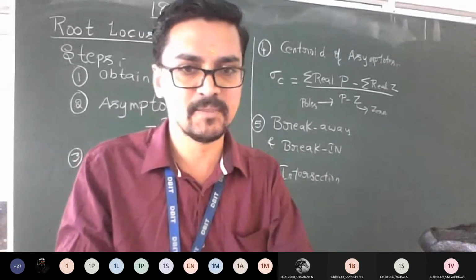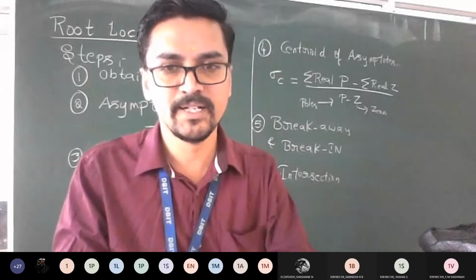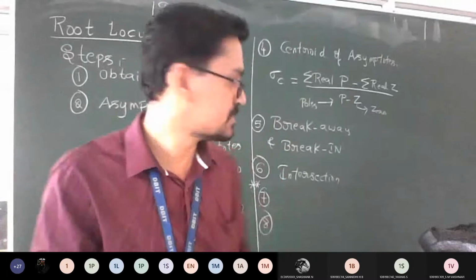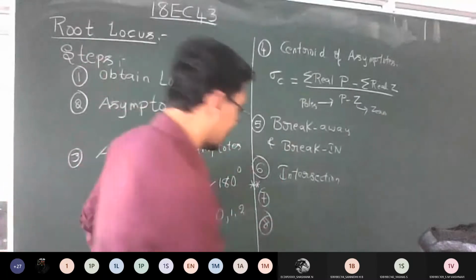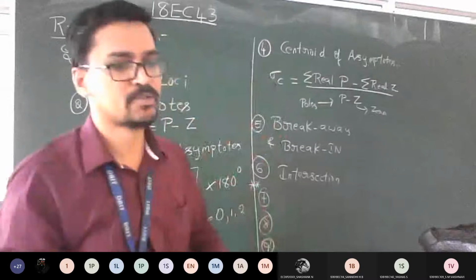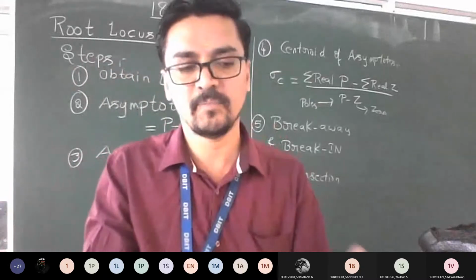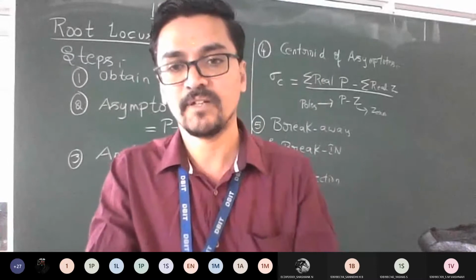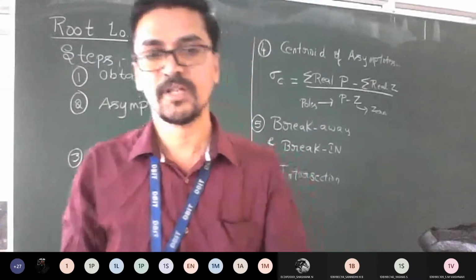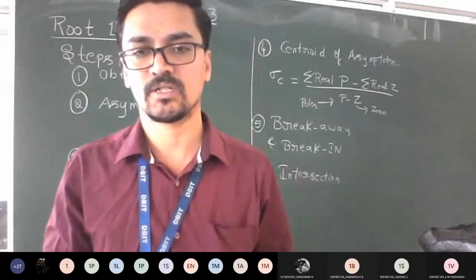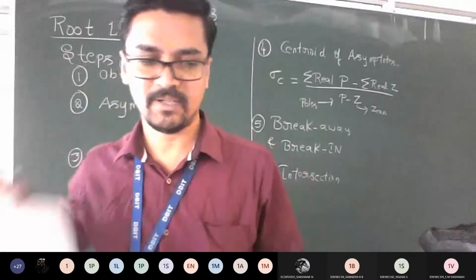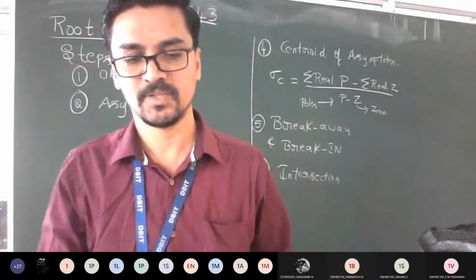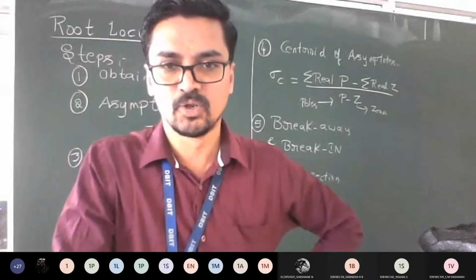Okay. So last step, step number 9: predict the stability and performance of a given system using root locus.